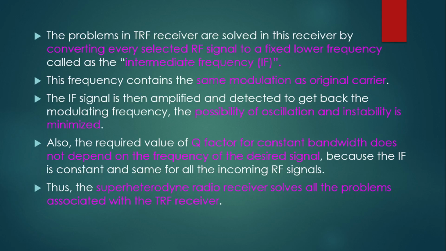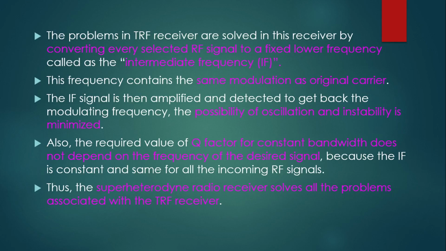We have seen that the TRF receiver has three important drawbacks, that is instability of gain, variation in bandwidth and poor selectivity, due to which TRF receiver is not used in practical purposes. It becomes obsolete as far as commercial use is concerned.